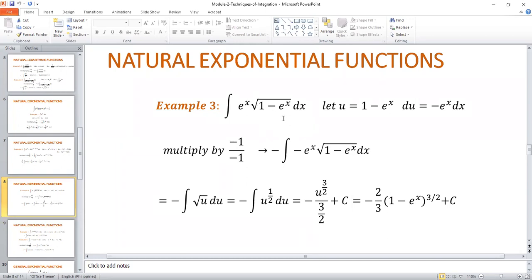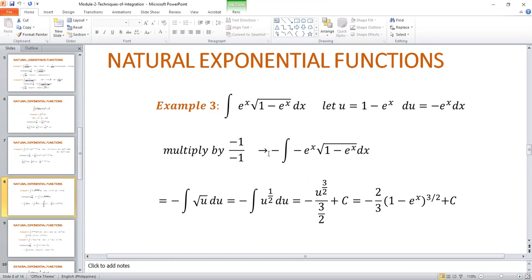Now, you have an exponential function under the radical sign, and you have an outer exponential function here. So question, which will be your main function? I gave you already a suggestion. The main function is always the more complicated of the two. So meaning, this is your main function. You set this as the u.